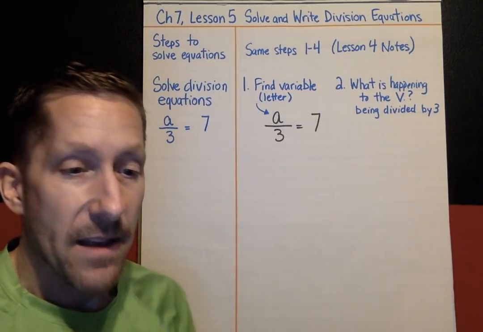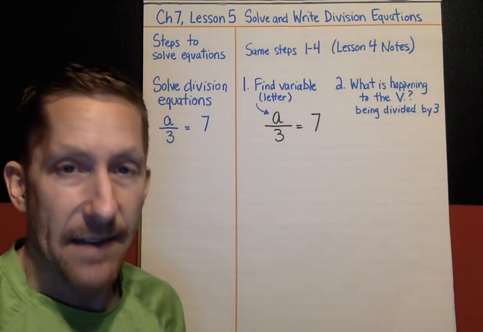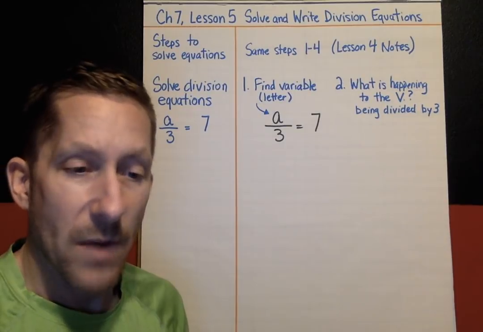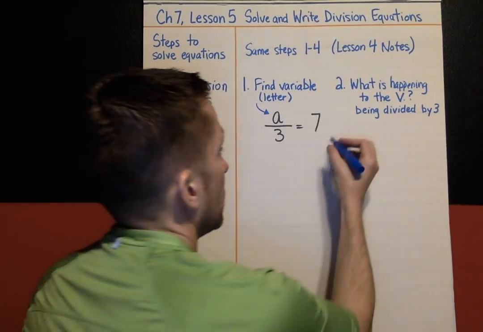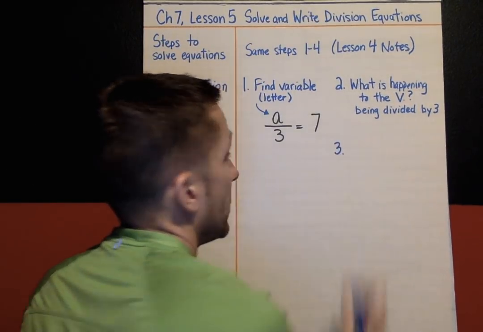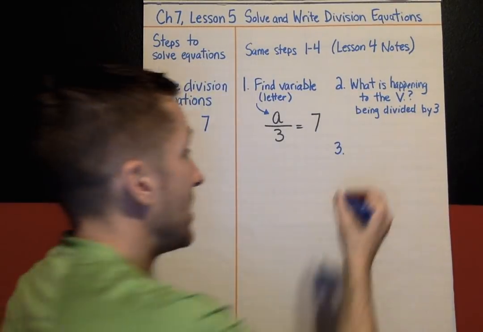Okay, step 3. To undo divide, that's what we're going to do next. But we have to do that to both sides. So I'm going to write it right here.